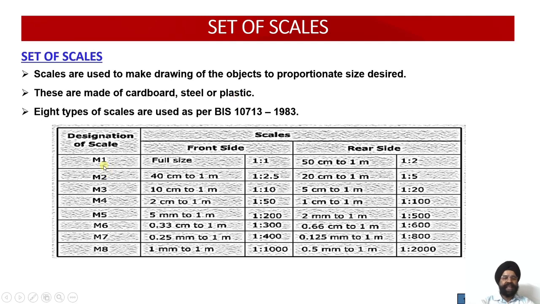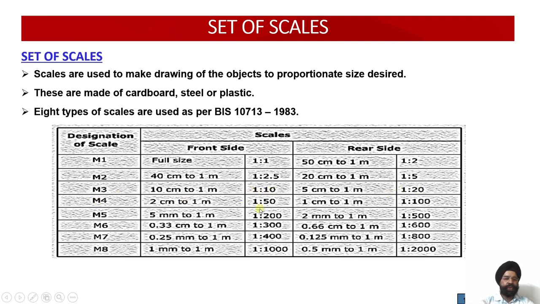So the M1 scale, you see, on any scale there are two sides, left side and right side. On one side it is 1:1 scale, on the other side it is 1:2, 50% reduction. M2 scale is 1:2.5, 1:5. M3 scale gives you the reduction of 1:10, 1:20.